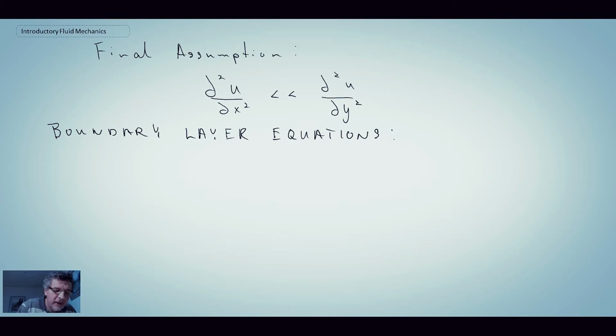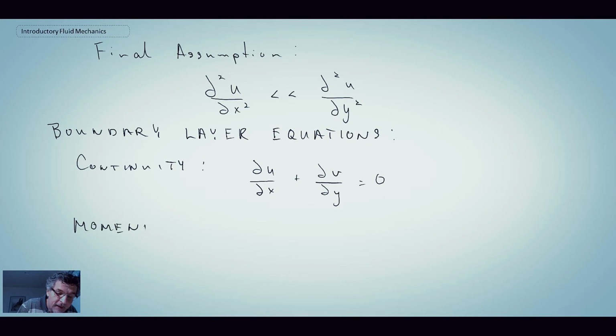So the boundary layer equations for continuity and momentum, all we have for momentum is going to be the x direction equation. And this is for steady, so I'm getting rid of the time rate of change term.